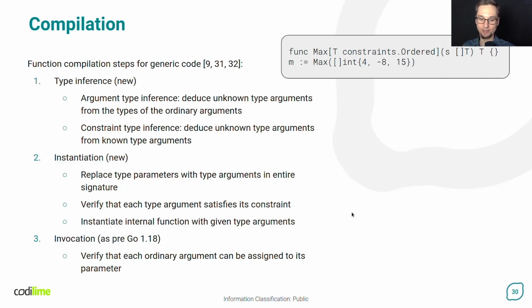And then the compiler works as usual, because it has instantiated a function with given type arguments, and it does the invocation step, which checks that regular parameters can be passed to the function. So this works as of Go 1.18.